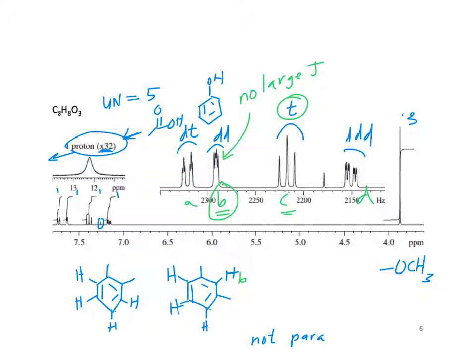What about C? That would be over here, because this is the one that sees two large couplings, right? And we can see that they must be the same. The J values are the same going to each side.